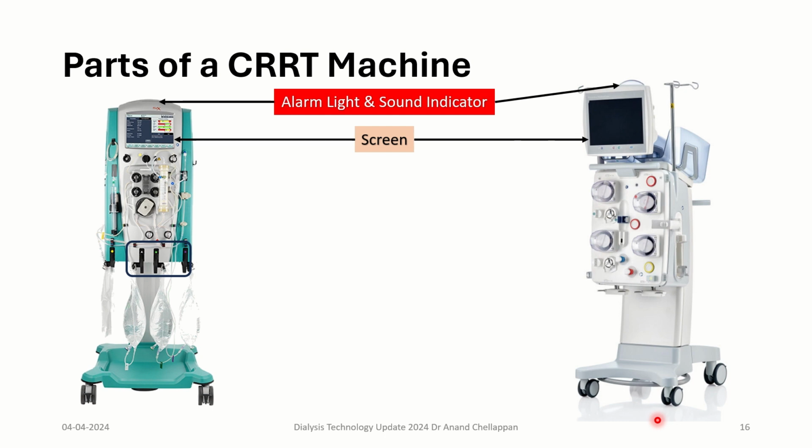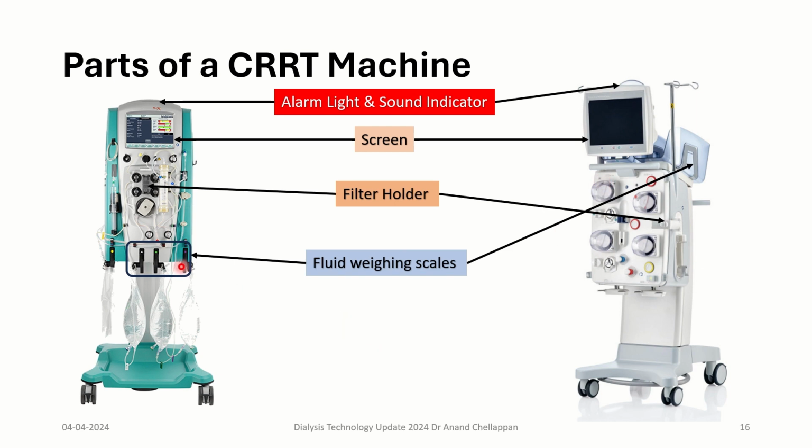It's an interactive screen. Then we have the filter holder. The filter comes as a kit which is attached with a barcode sensor, and it attaches to the holder. This is the Fresenius Multifiltrate Pro machine, and it has a separate holder for the dialyzer, and the filter is hung over this surface.